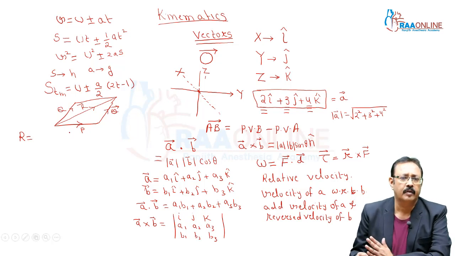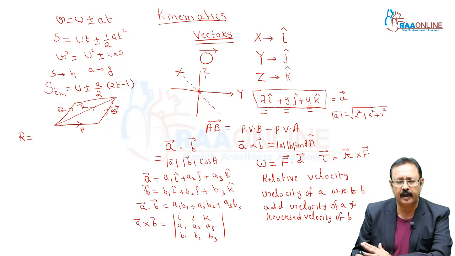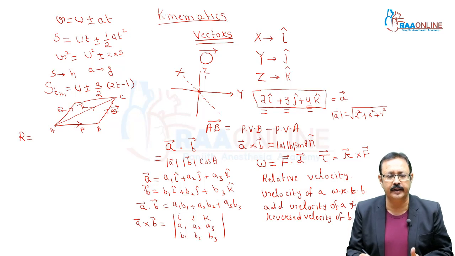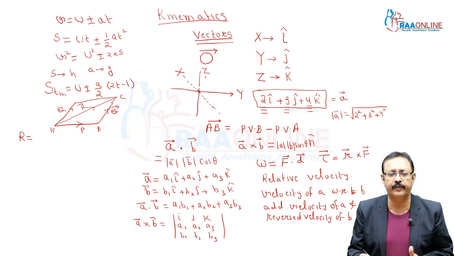If more than two vectors are forming a closed polygon, see P, Q, R. You started from this point A, you move towards B, then C. AC makes it a closed polygon. So sum of the sides of a polygon taken in order should be equal to the side which closed it. It means R should be equal to P plus Q.